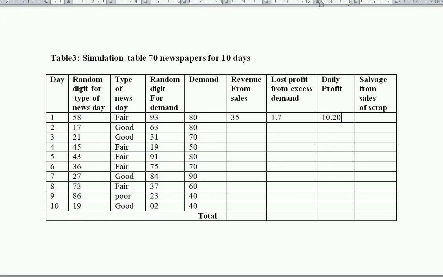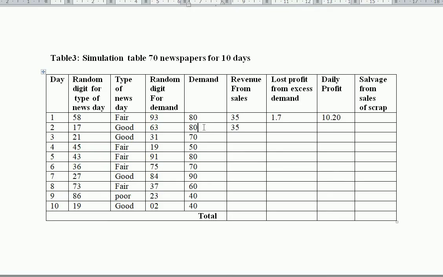Next, we have to find it for day 2. Here also the demand is 80, but the newsstand purchased only 70 newspapers, so they are going to sell only 70. So 70 into 0.5 is 35 itself. For lost profit from excess demand, there are 10 newspapers of excess demand, because they purchased only 70 but the day 2 demand is 80.